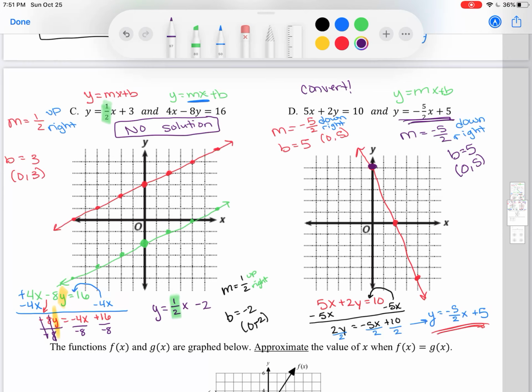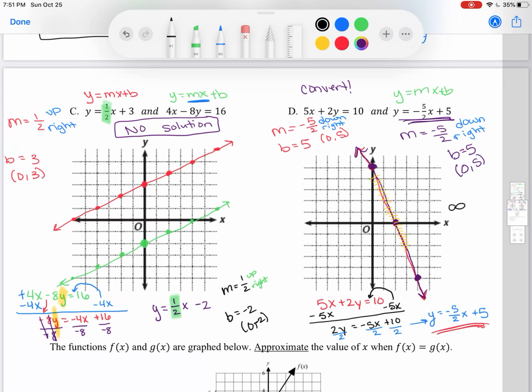So the fact that they have both that are the same, if I go to graph it, I'm actually going to run into the same exact line. So they're not actually going to be parallel to one another. They are going to be the exact same line. So even though they share the same slope, they're not necessarily parallel because they also share the same intercept, which tells me I'm working with the exact same line.